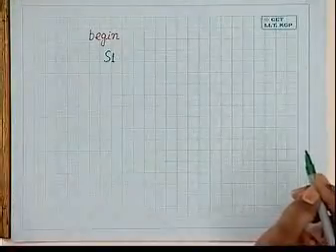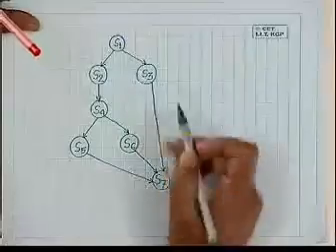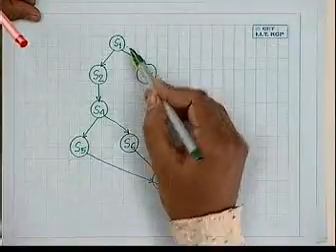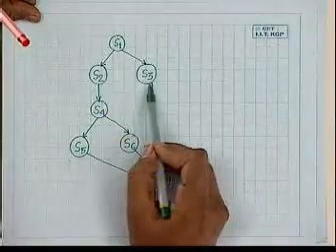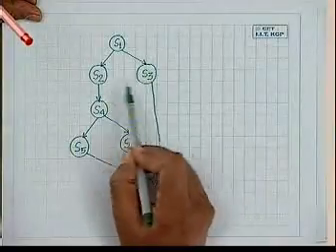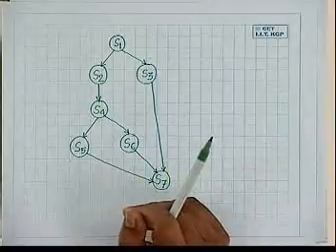After S1 is completed, I can create two processes. One process will execute S2, the other process will execute S3. That means I have to have a system call for creation of a new process.